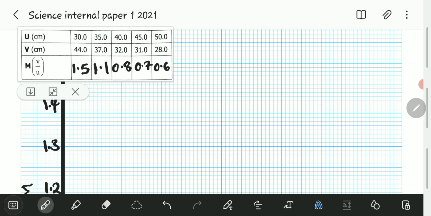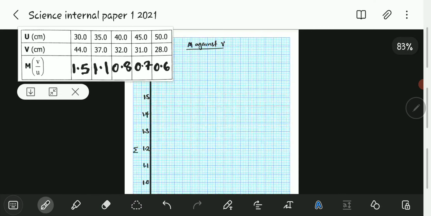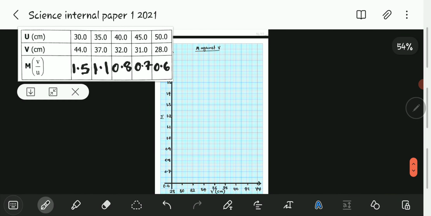All right, now I'll just zoom out so that we can see how our graph looks.